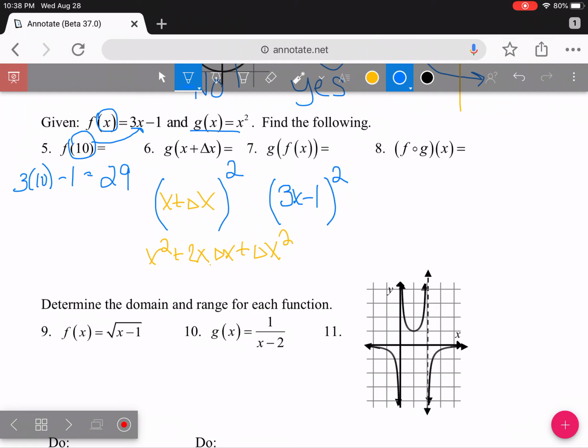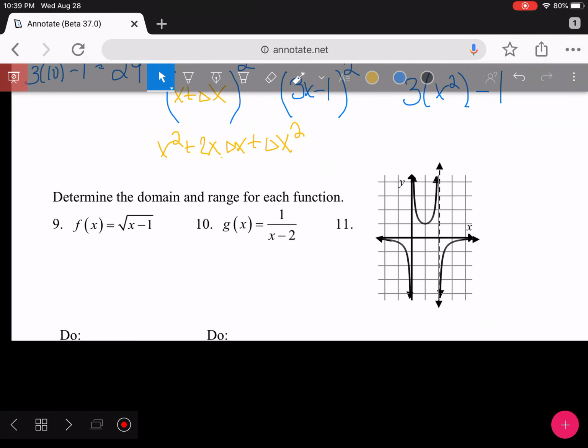So g of f of x is 3x minus 1 squared. And f of g of x, or f composed with g, is just another notation for this same concept. This is going to be our parent, or our outside function, f of x, which is 3x minus 1. But everywhere we see an x, we're going to put g of x, so that's going to be 3x squared minus 1.